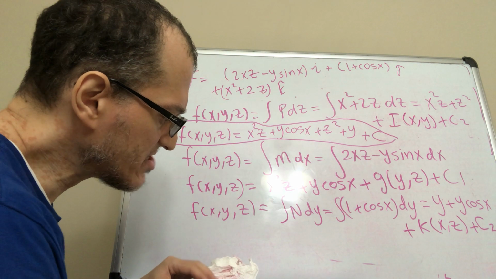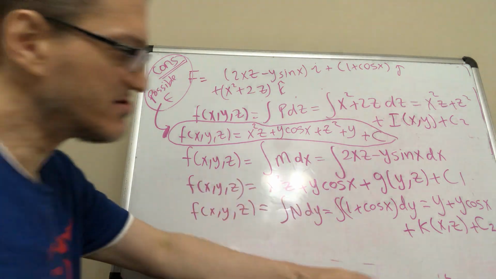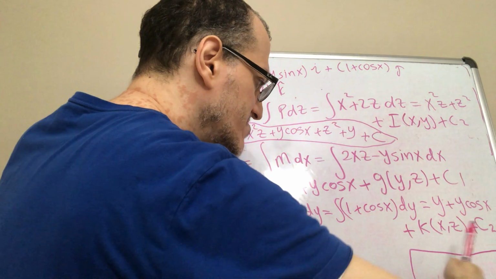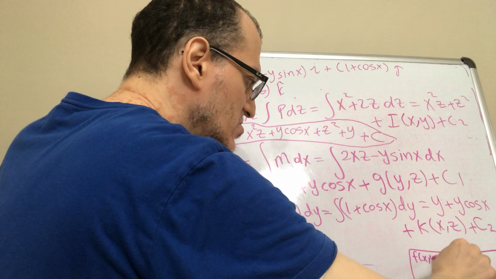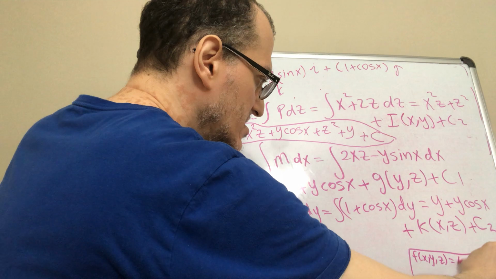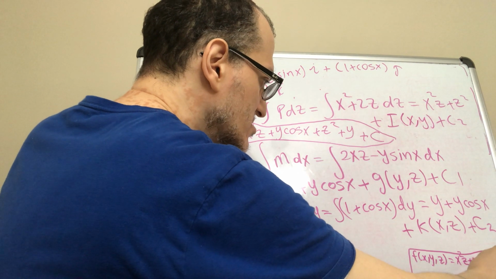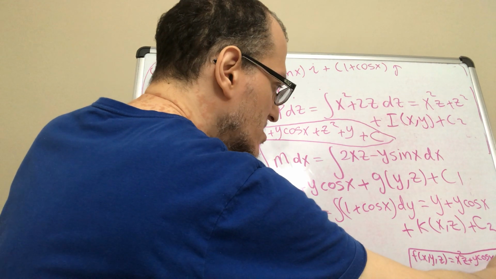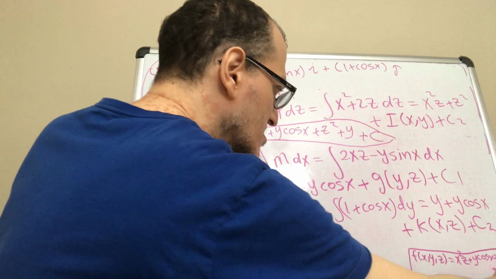This possible function we're going to need later on for another question, so I'm just going to put it here. So the function f(x, y, z) = x squared z + y cosine x + z squared + y + constant.